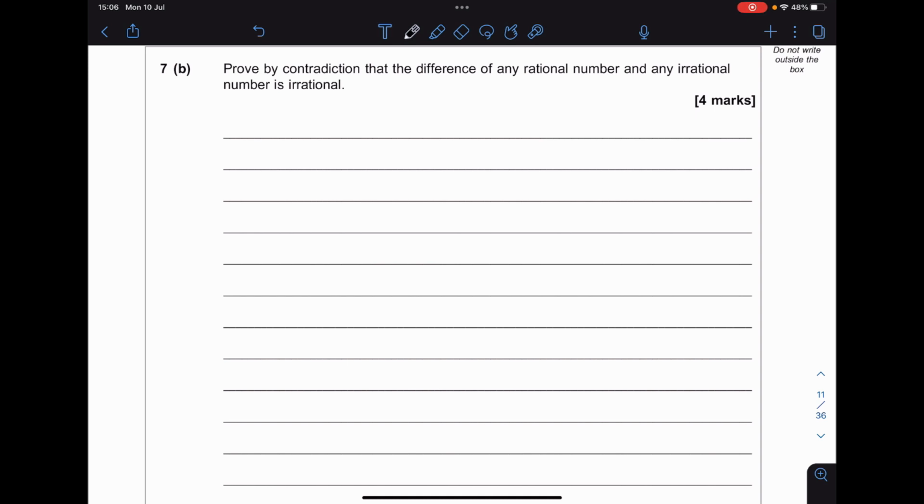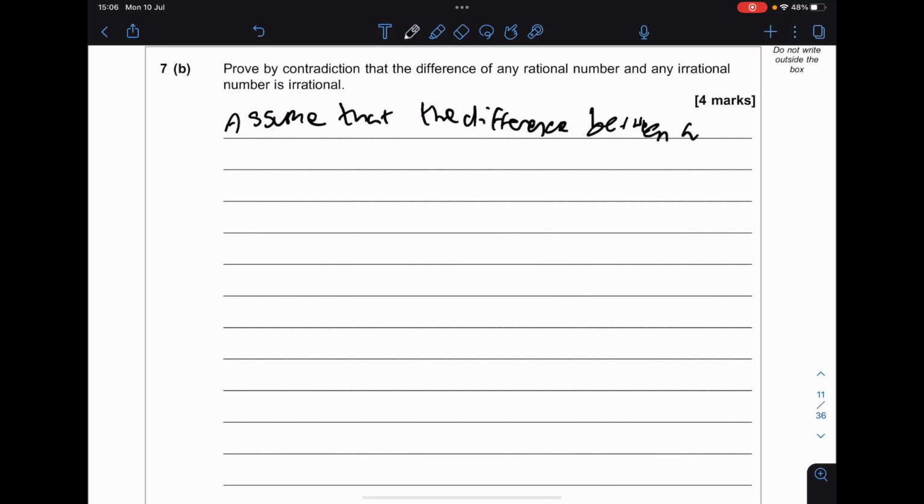So we're going to assume the opposite. So assume that the difference between a rational and an irrational is irrational.